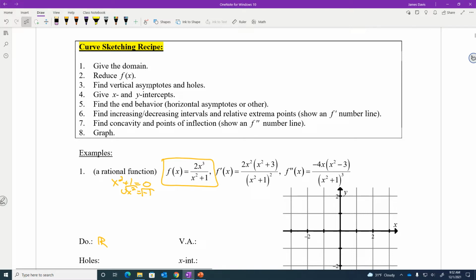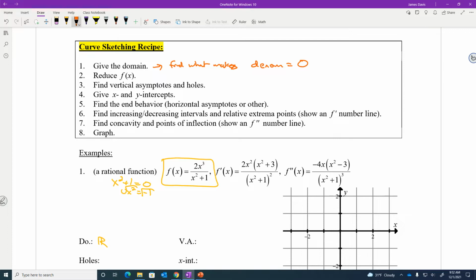I'll make little notes here. So domain really is... and you probably know this one. Generally, when you find the domain, you want to find what makes the denominator zero. The vertical asymptotes, that's also what makes the denominator zero, right?